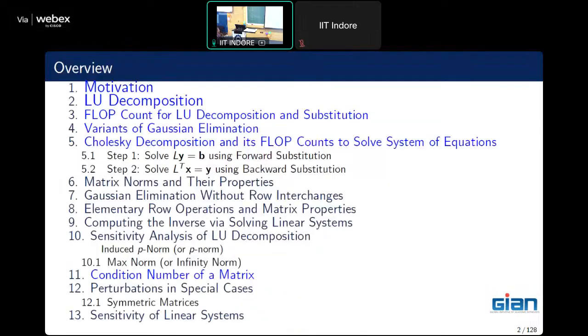We'll be covering this entire session in 10 days: matrix decompositions, basically LU decompositions and Cholesky factorizations. We have to read forward substitutions and backward substitutions, and how many flops are required to compute by forward and backward substitutions.